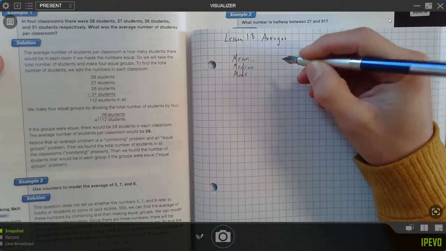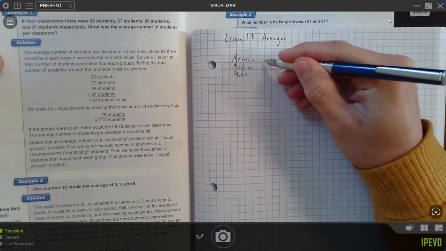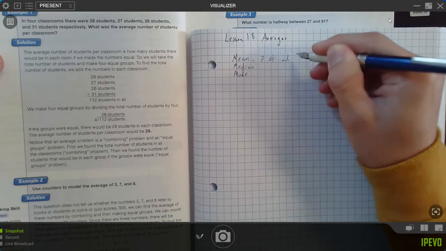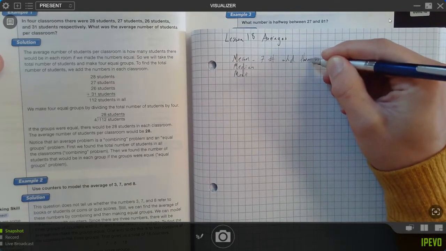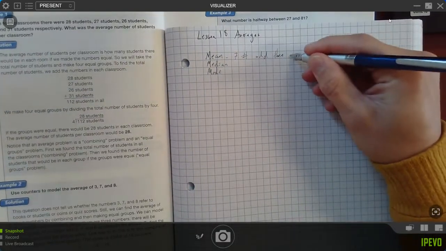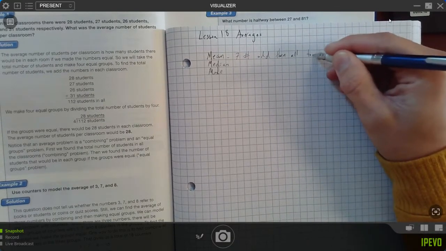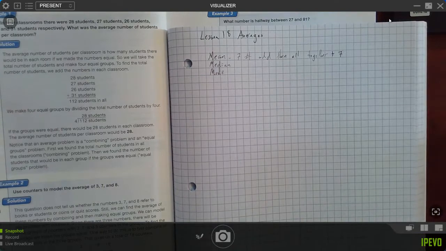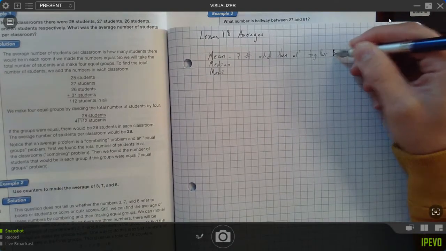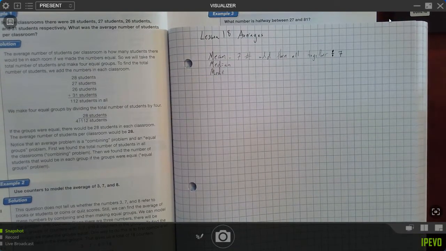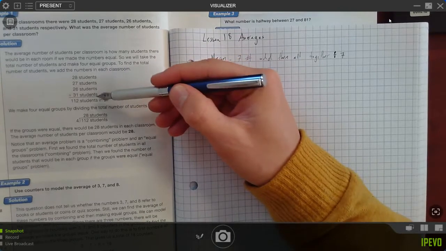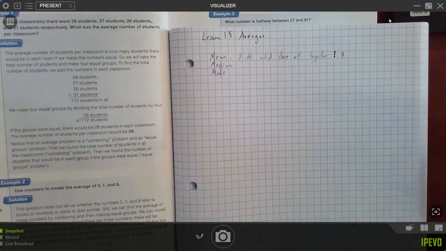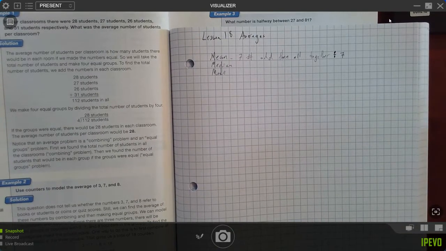So the mean is if you have 7 numbers, you add them all together, and then divide by 7, okay? So if in here I have 4 numbers, I add them all together, and then I divide by 4, okay? My average is 28 students, okay?